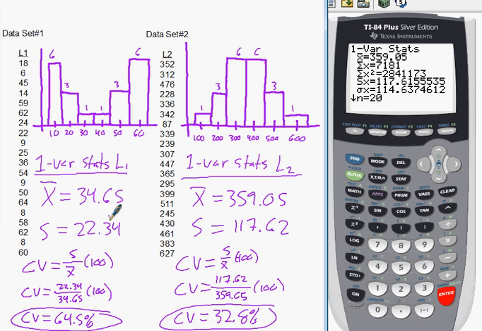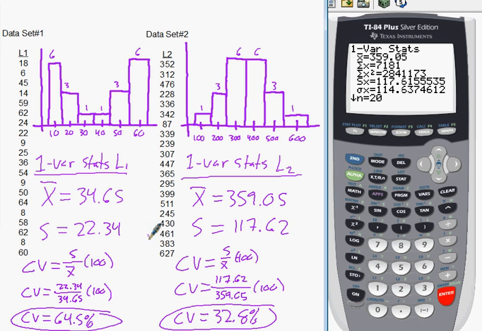Now let's look at some of these numbers. First of all, in the data set that we would expect a greater degree of variation, we have our measure of variation being 22.34. In the data set that we would expect to have less variation, our measure of deviation is 117.